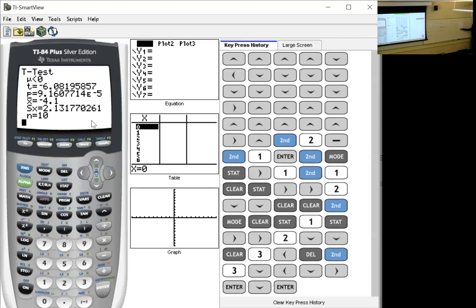Something's wrong. What is wrong? You are forgetting to notice that e base -5, which would mean times 10 base -5, scientific notation. So you've got to move the decimal place backwards: 0.00000916.